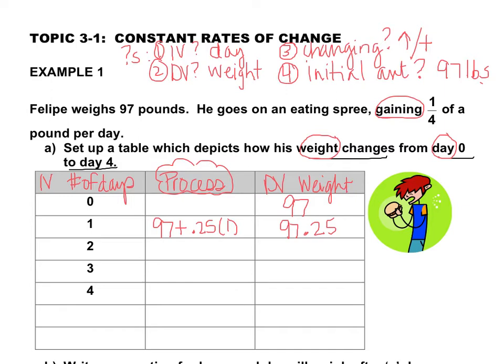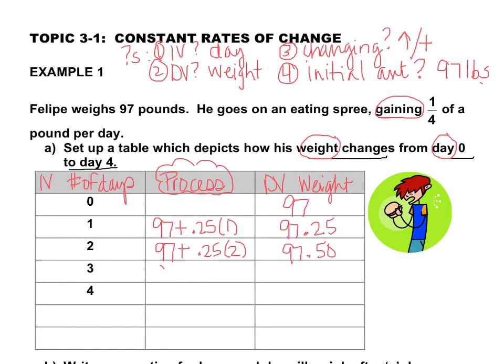On day 2, he's going to gain 2/4 pound. So we're going to write that the process is going to be 97 plus 0.25 times 2, because now he's gained 1/4 pound for 2 days. So that's going to be 97.50.